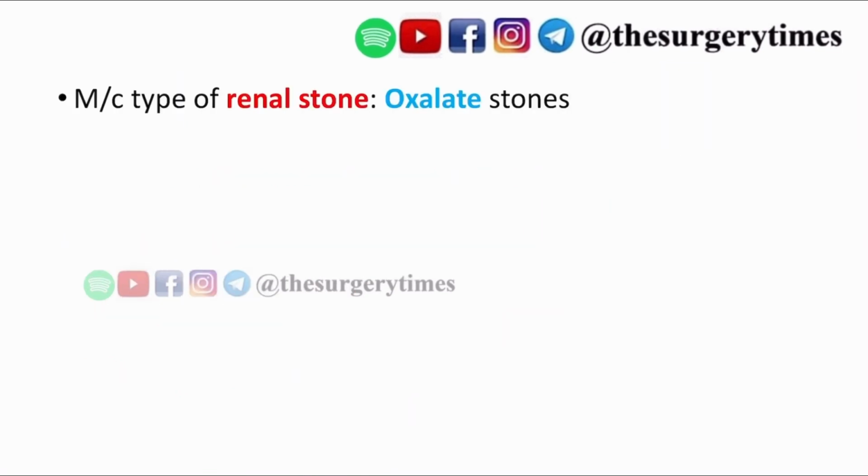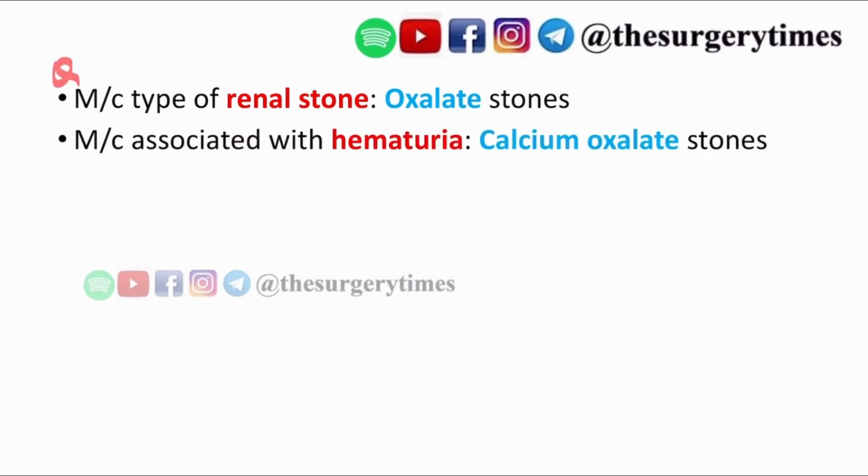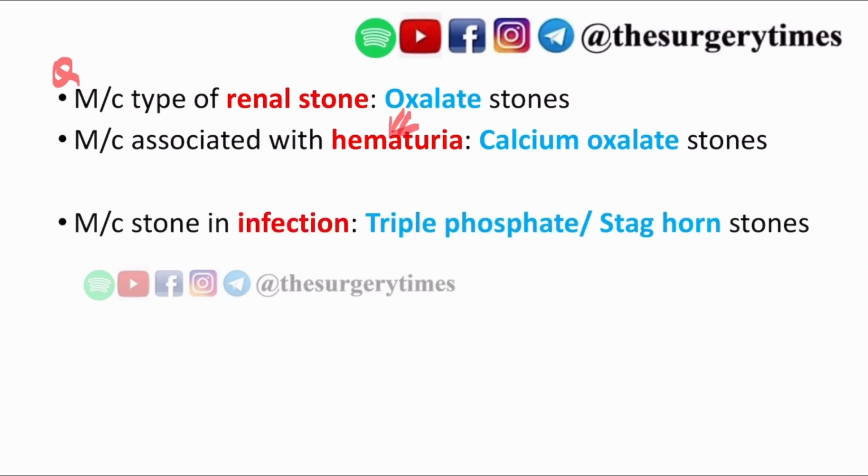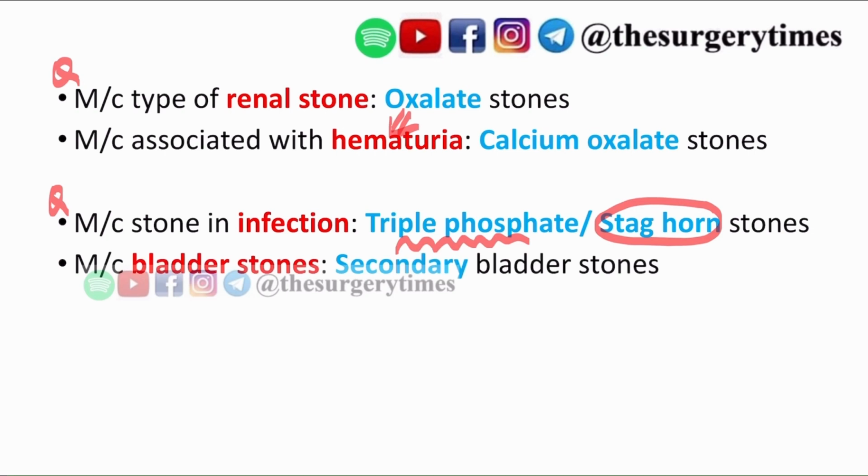Now next, we will discuss a few most common things in urolithiasis. Most common type of renal stone is oxalate stone. Many times it has come in NEET. And oxalate stones are most commonly associated with hematuria. Most common stone in infection is triple phosphate stone, otherwise called Staghorn calculus.